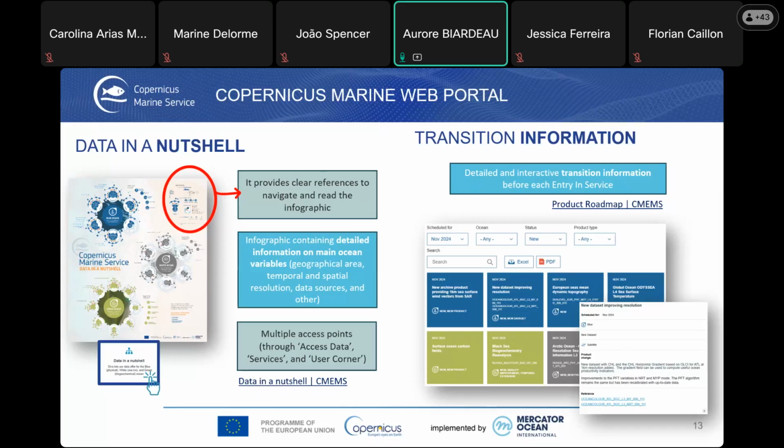So you can have access to a roadmap infographic, which is summarizing what is going to happen up to 2028. But you can also have access to this that you can see on the right, which is the transition information, and you have access, 2 months before each entry into service, to detailed information, product by product, on what is going on very specifically.